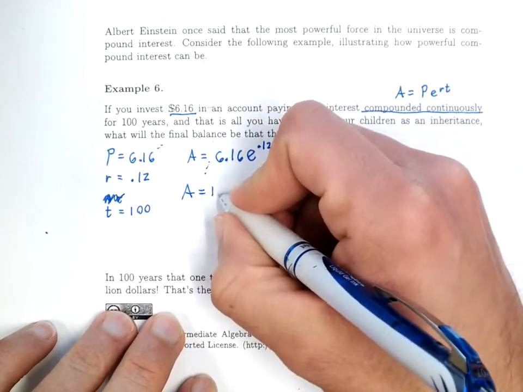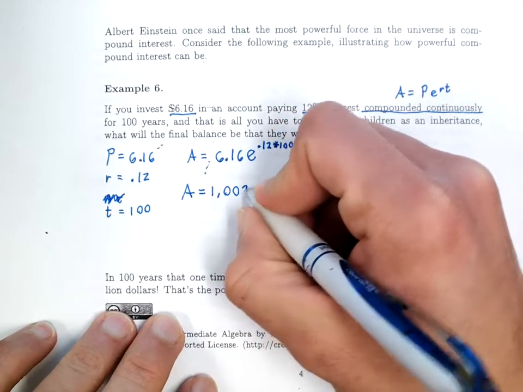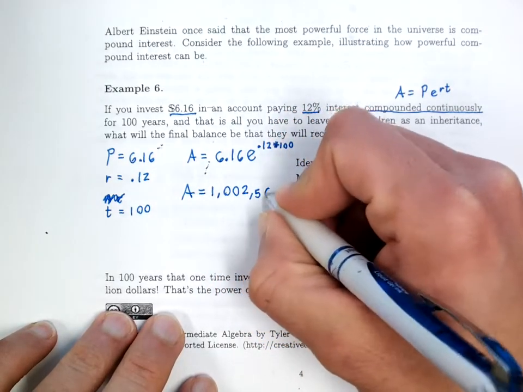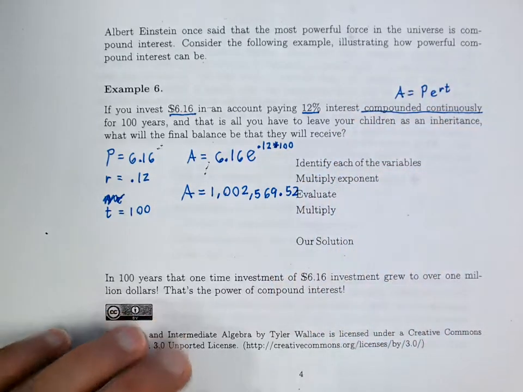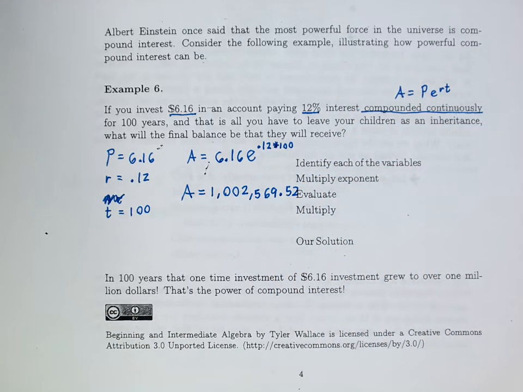So the answer that they give you is this. It's over $1 million you would get back if you did that. Hooray. Nothing's ever going to give you 12% interest. But regardless, hopefully this wasn't too bad. I feel this is easier than the last section, but we'll just have to wait and see.